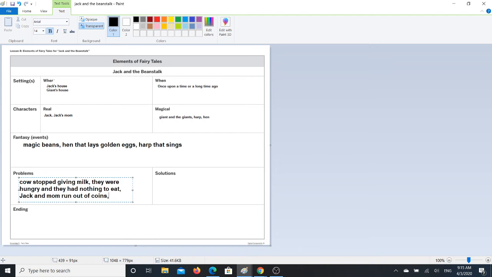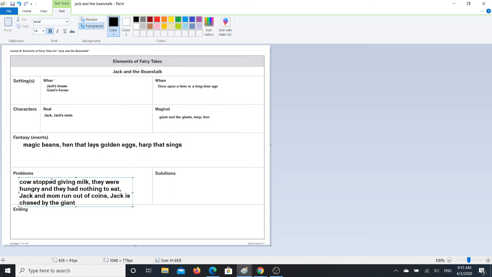So then Jack has to go back up the beanstalk, right? And then at the end of the story, we see that Jack is chased by the giant. So that's another problem that he runs into.